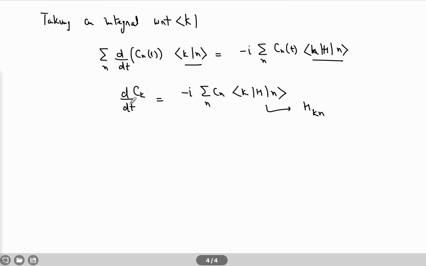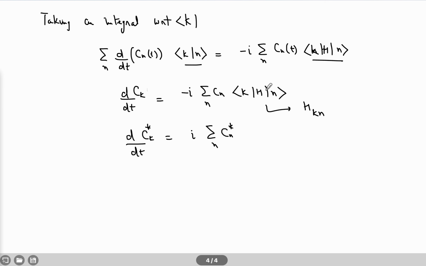Okay, so now I have an expression which I wanted, the time evolution of coefficients. Let's also see how the time evolution of the complex conjugate of this will look, because we wanted an expression for both. So c_k star, this will be the complex conjugate, so this will become positive, so plus i summation over n of c_n star, again star because I have a star over here.